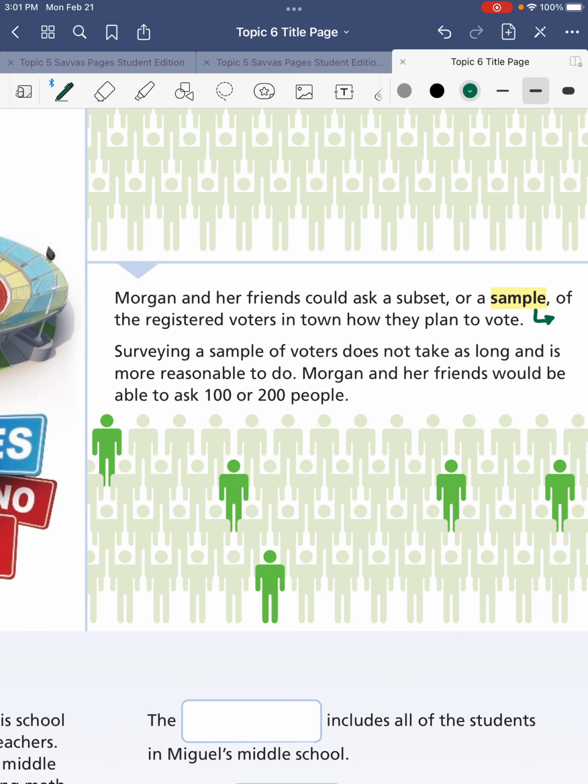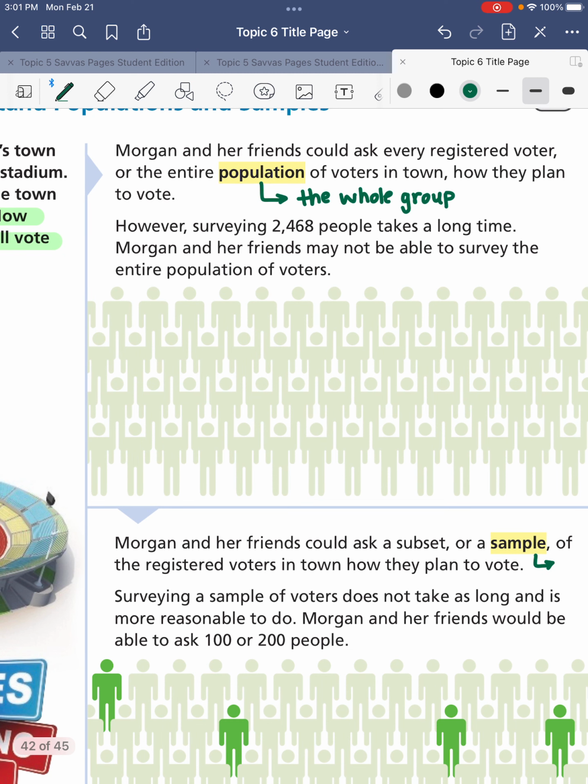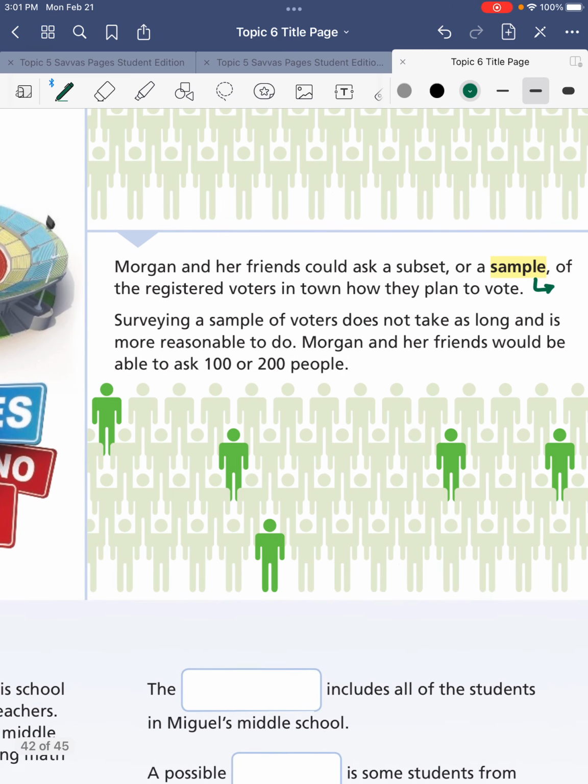So if all of the people up above, all of those kind of greenish colored people are everyone, all of the registered voters, they're the whole group, the whole population, well, Morgan and her friends might ask just these people in a brighter green how they plan to vote. And so that's a subset. You're only asking a few people.